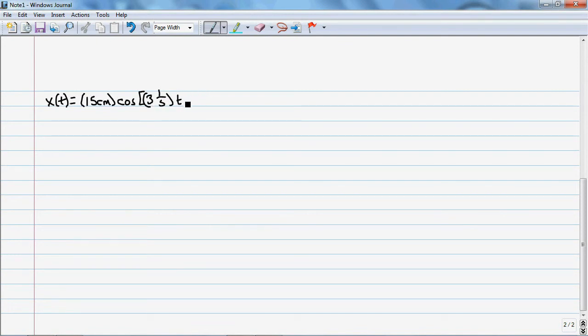And we don't have a phi here because the spring was moved out to the amplitude. That would make phi equal to 0. So that's our distance function.